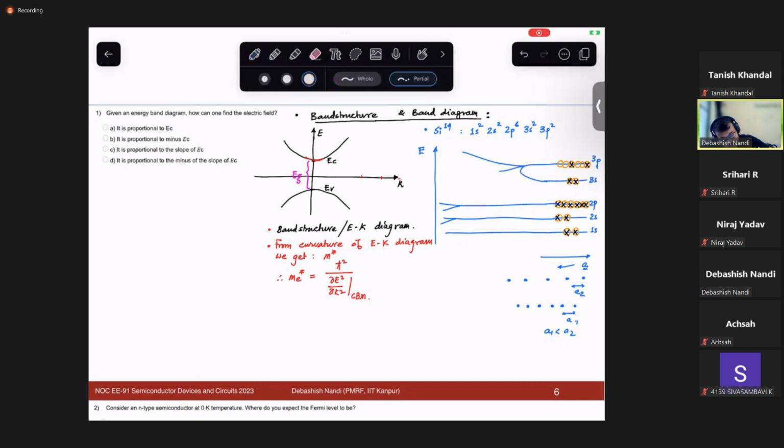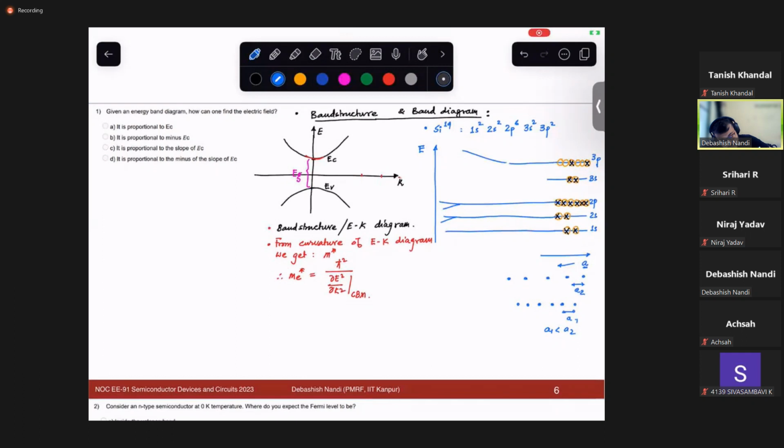Let me draw it properly. It will split like this.